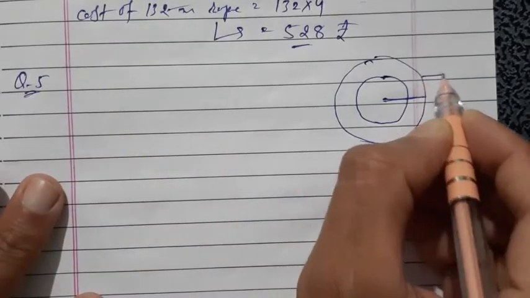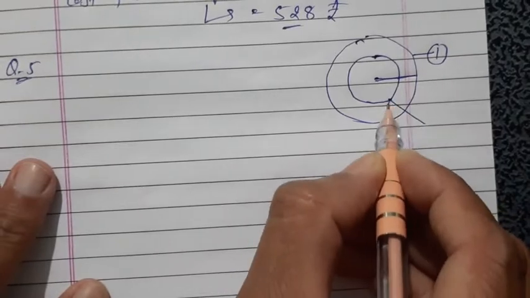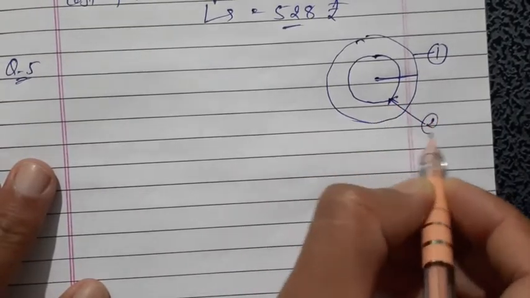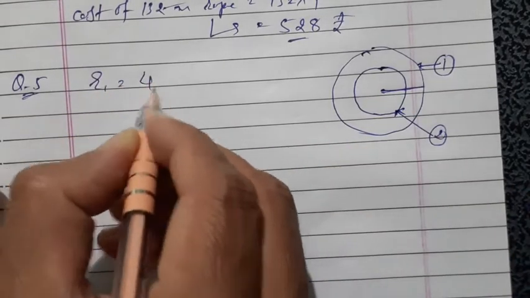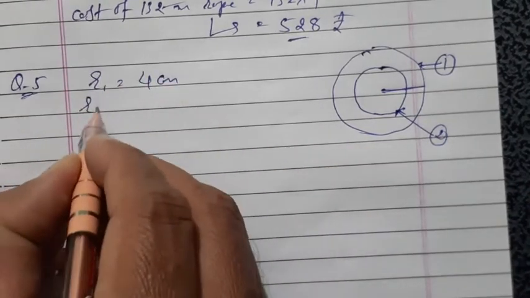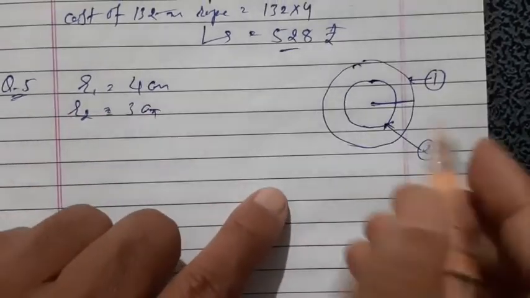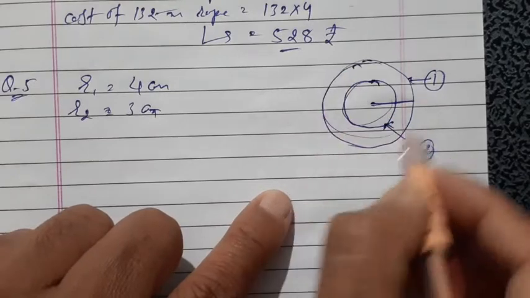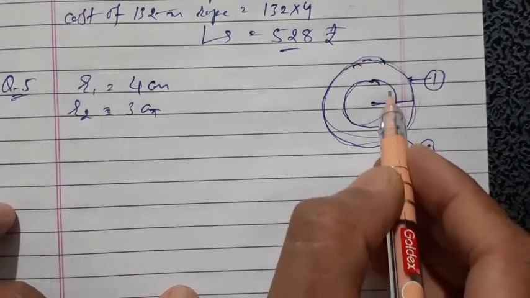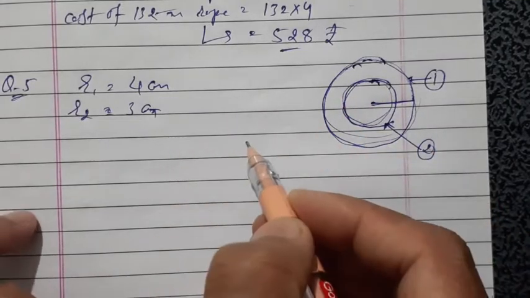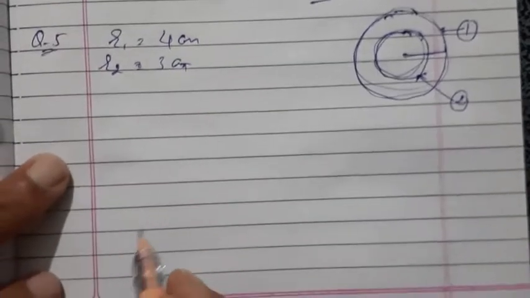Suppose we take that one as number 1 and the removed circle as number 2. So radius for the first one r1 equal to 4 centimeter and r2 equal to 3 centimeter. If you remove any shape from a given shape, what to do? Find the area of the original one and then the area of the removed part, and find the difference of those two.